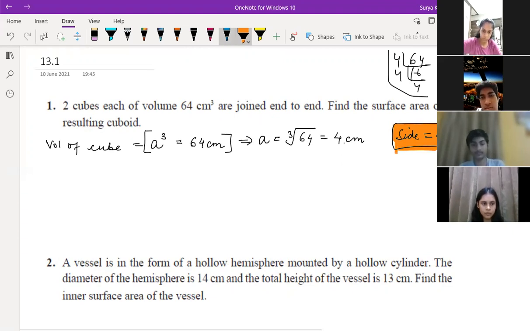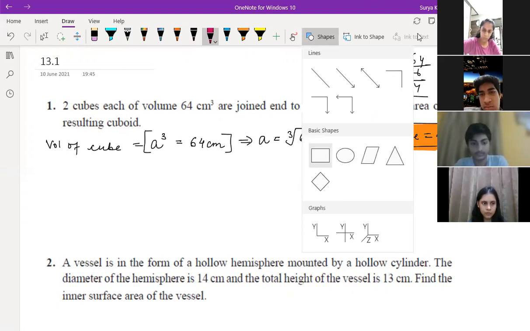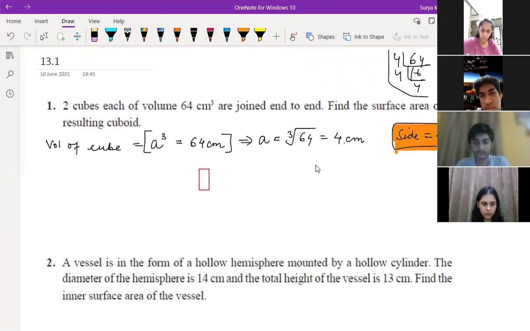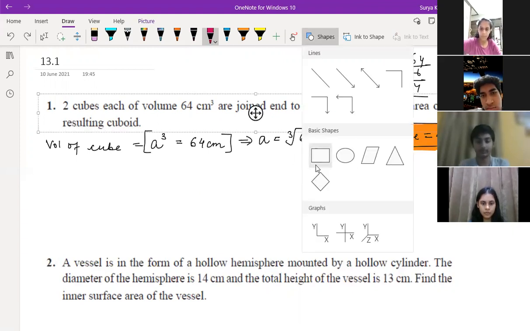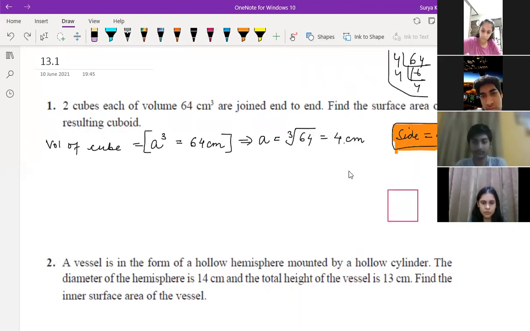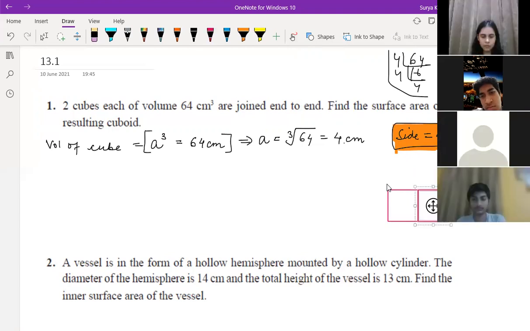So two cubes are joined end to end. The first cube I just draw like this, in the corner. One cube is here and the second cube the same.